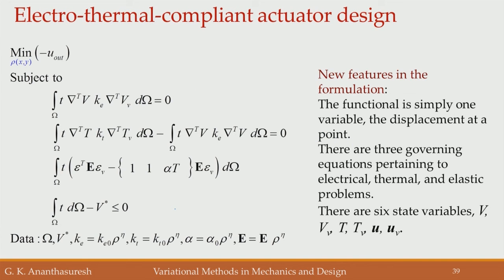Let us consider an even more complicated problem where we are considering the electrical domain, thermal domain, and then the elastic or compliant domain, an electrothermal compliant actuator. There we would like to minimize minus u out, the output displacement. When I put minimize minus u out, I am basically maximizing the output displacement, which is what we want to do when we have an actuator. We want to maximize the stroke of the actuator, and there is a variable, we do not have to worry about what that variable stands for now, just rho of x, y for a 2D problem.